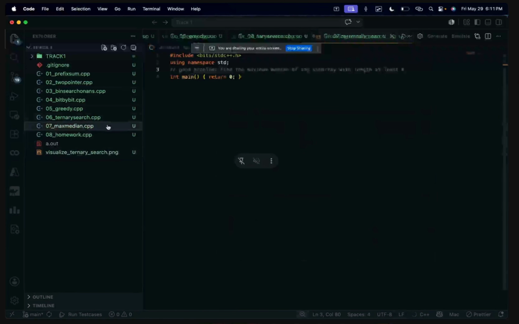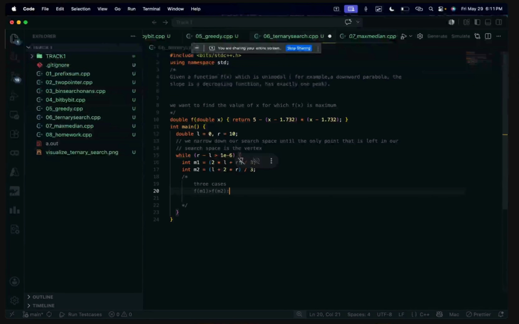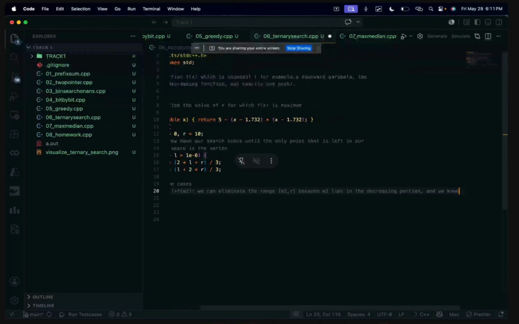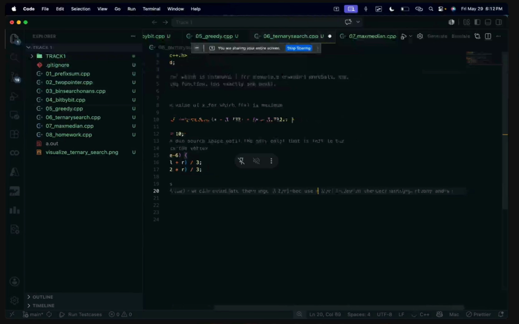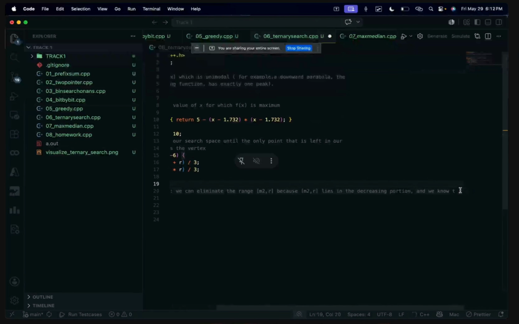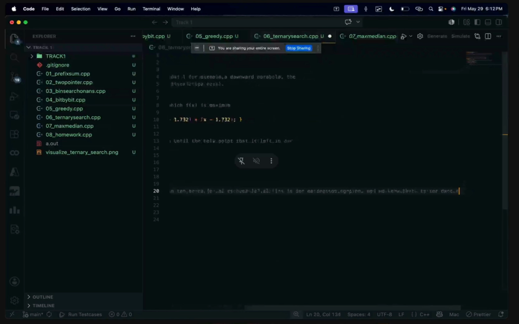Yes. If f of M1 is greater than f of M2, we can eliminate the range M2 to R because M2 to R lies in the decreasing portion, and we know that a vertex does not lie in this strictly decreasing portion.